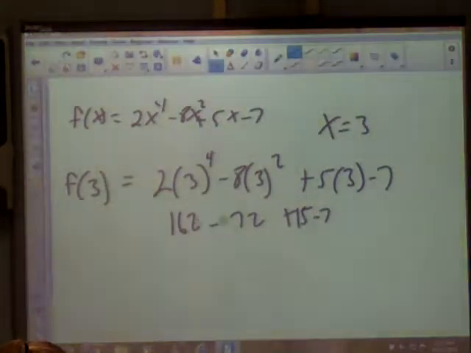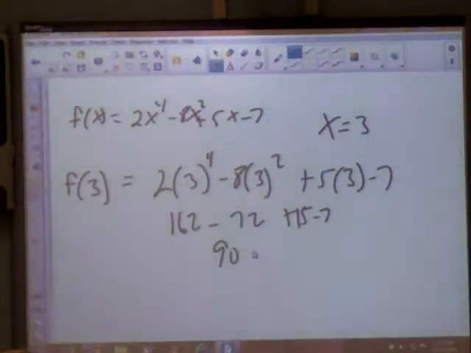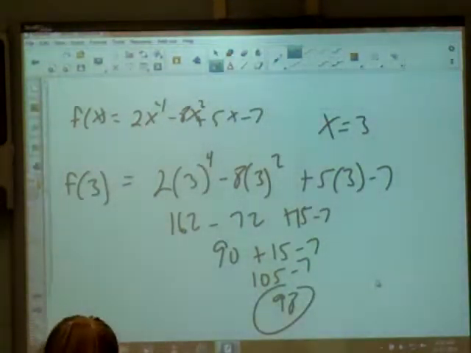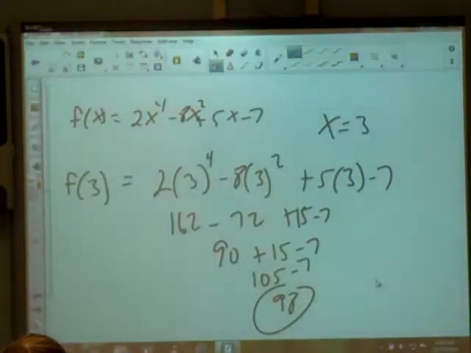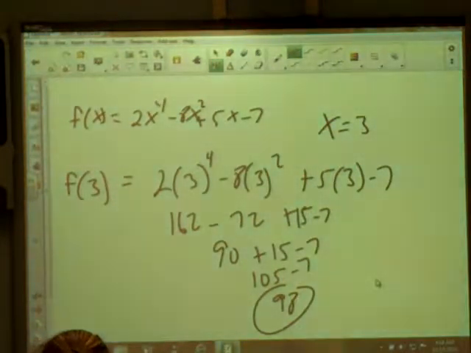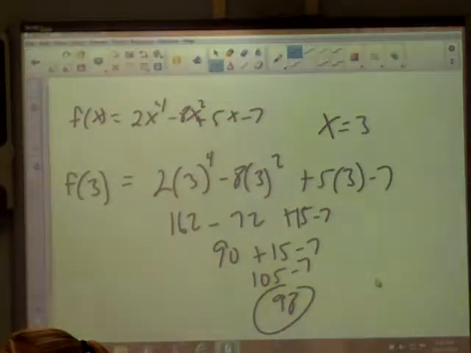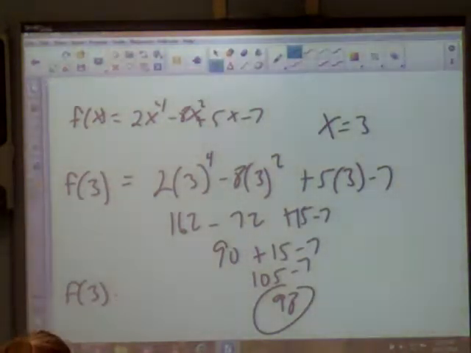So 162 minus 72 is 90, plus 15 is 105, minus 7 is 98. Those are the pretty simple ones to do. It's just order of operations. You're right, f of 3 was 98.